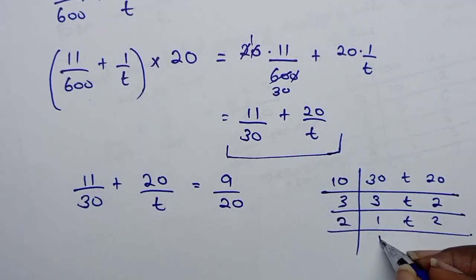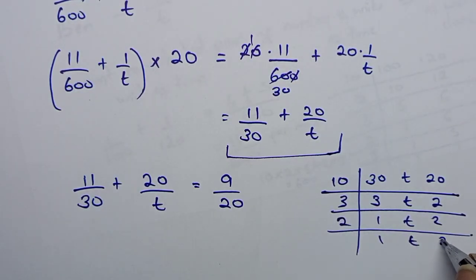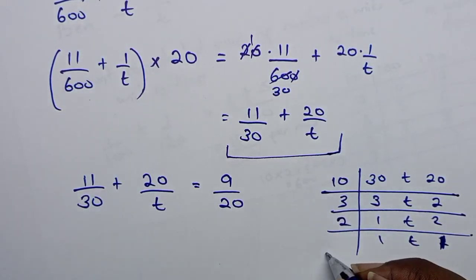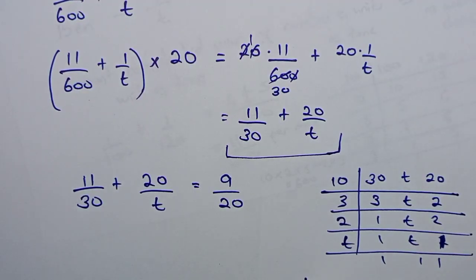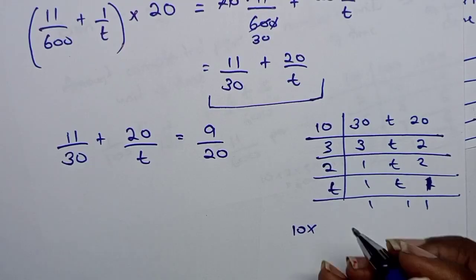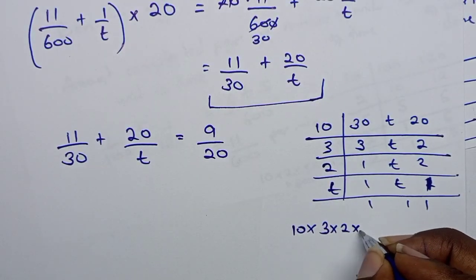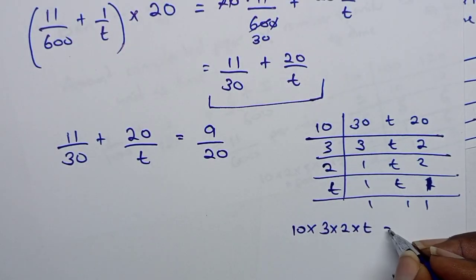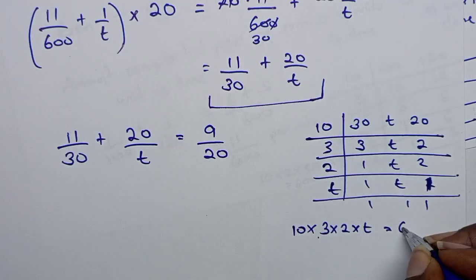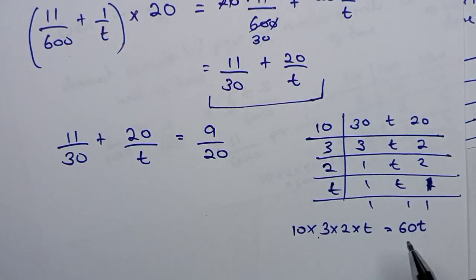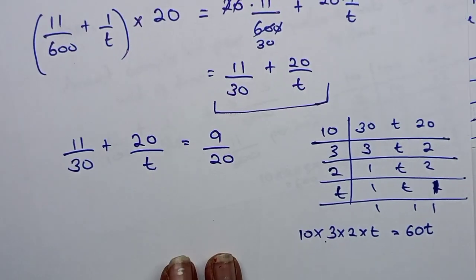Divide by 2, 1, t, 1. And then divide by t, you get 1, 1, 1. So 10 times 3 times 2 times t is equal to 10 times 3 is 30. 30 times 2 is 60. 60 times t is 60t. So 60t is the lowest common denominator.